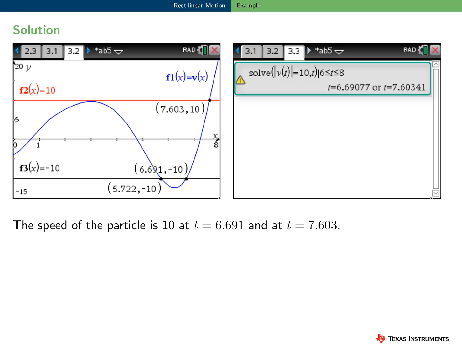So, on a calculator page, I used the solve command. And notice that using the TI-Nspire, I'm able to restrict the values of the solution to the interval 6 to 8. And finally, the speed of the particle is 10 at t equals 6.691 and t equals 7.603.